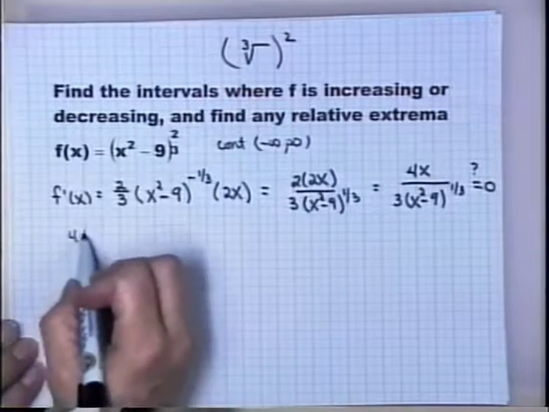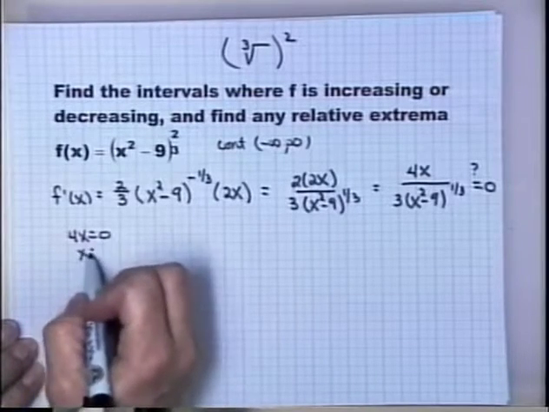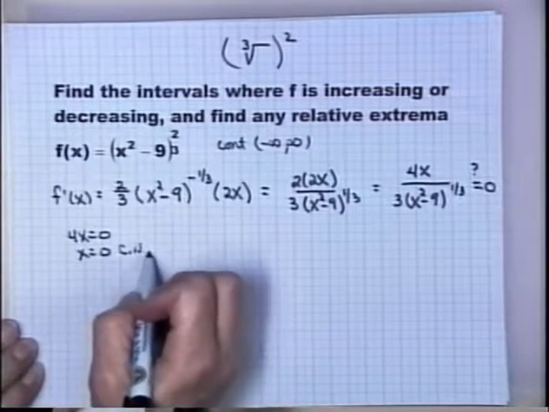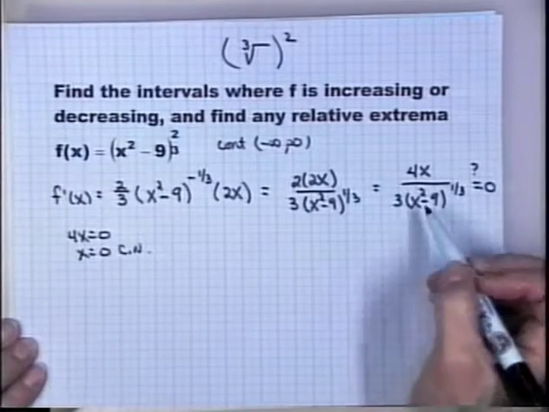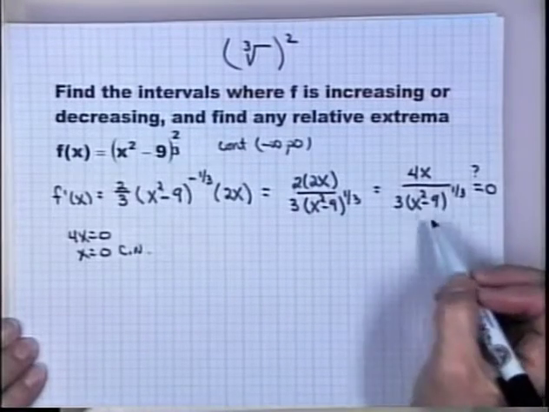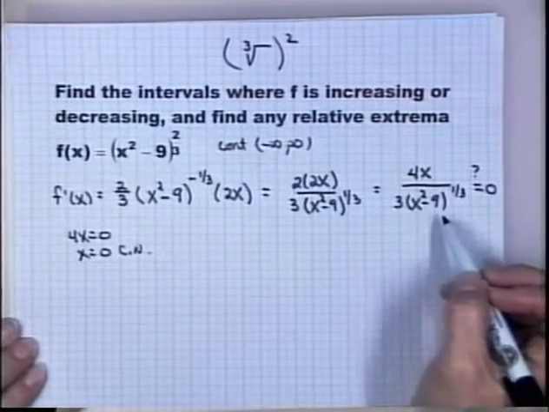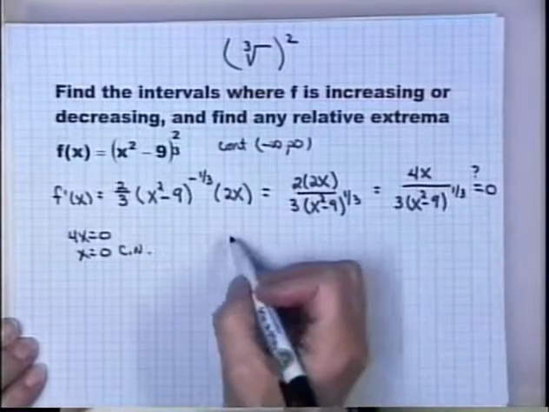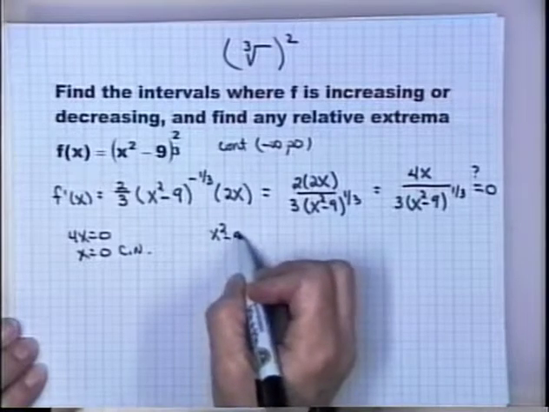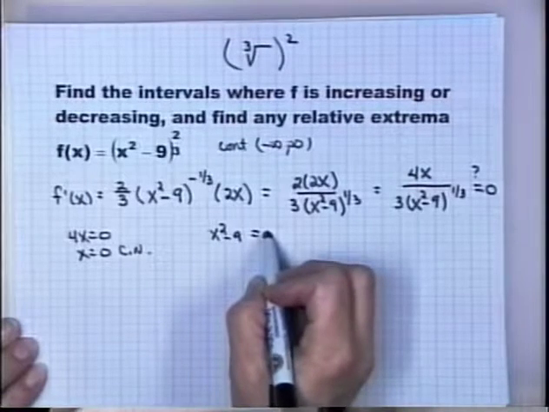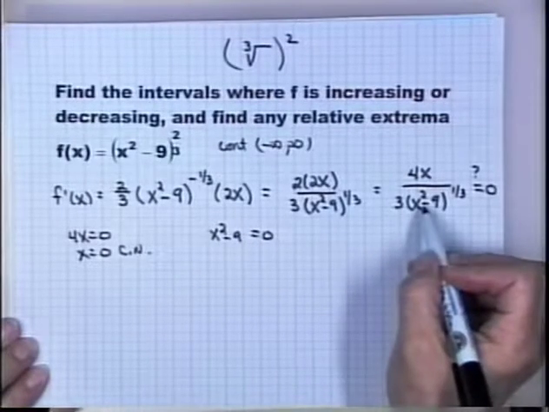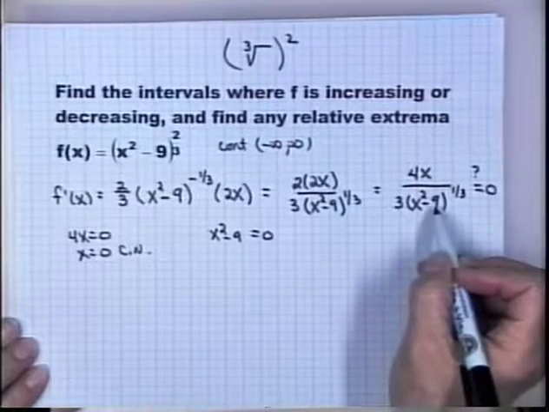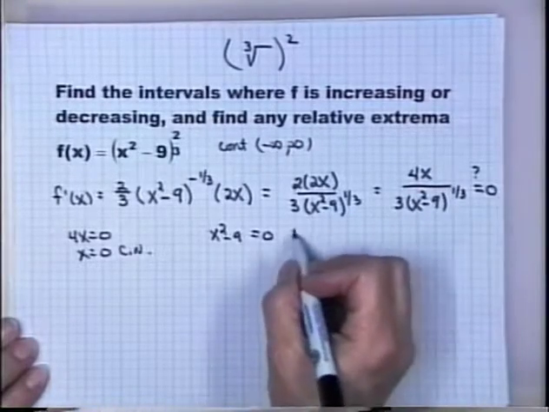So 4x equals 0 gives us x equals 0 for a critical number. Since this is a fraction, if the denominator becomes 0, then it's undefined, isn't it? So if x squared minus 9 becomes 0, then the denominator becomes 0 and we are undefined.